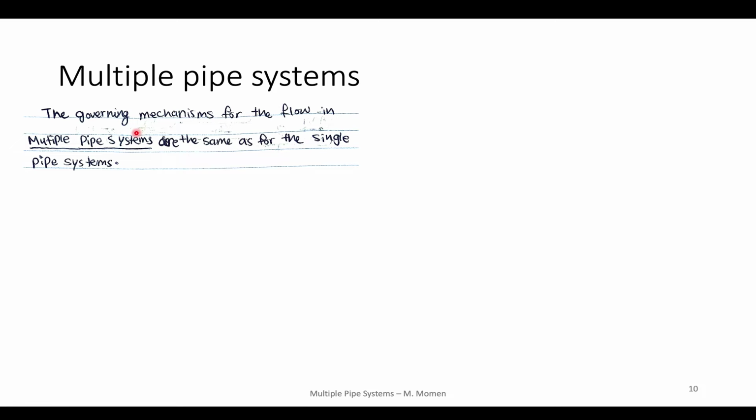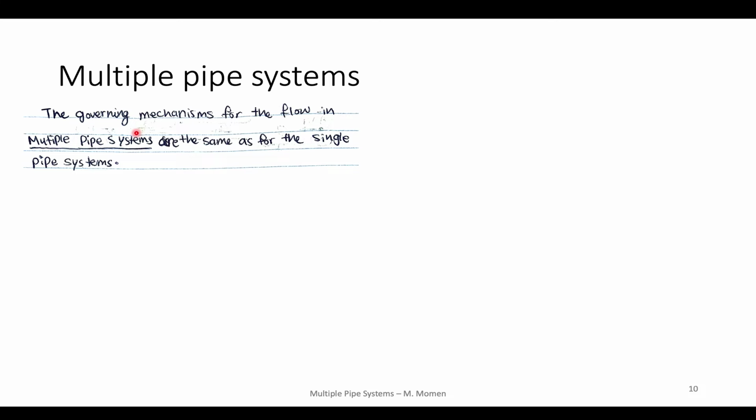Now we are going to introduce how you can tackle these kinds of problems and how you can find the solutions for a multiple pipe system. Essentially we are going to use the same governing equations, that is the mass conservation equation and the energy equation, but with a particular focus on multiple pipe systems.